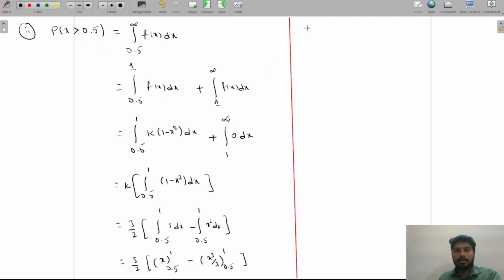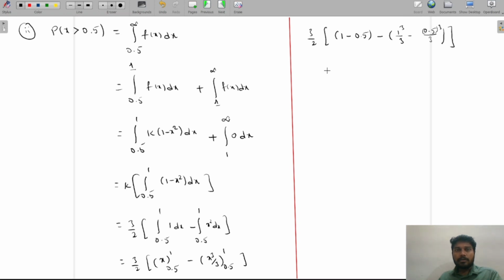Right. So now 3 by 2 of: substituting upper limit 1 minus lower limit 0.5, minus, now substituting upper limit 1 means 1 cube by 3, minus lower limit 0.5 whole cube by 3, bracket close, main bracket close.